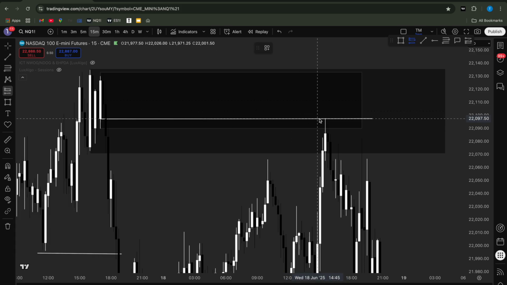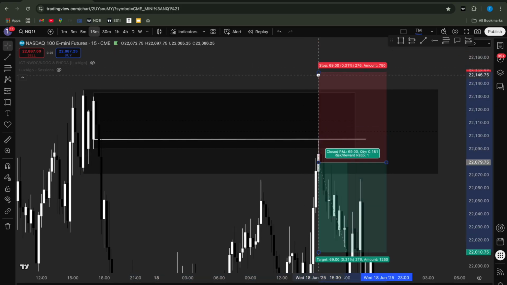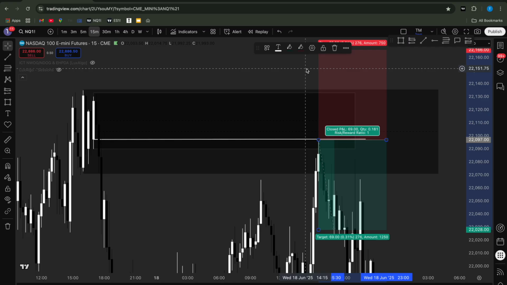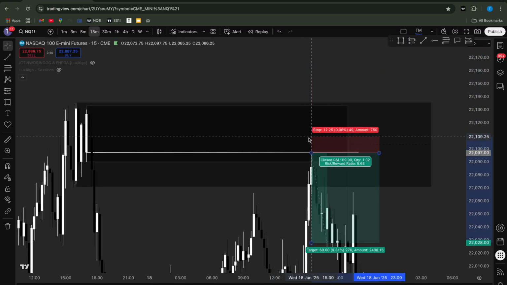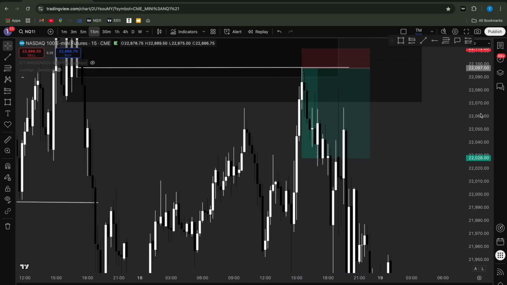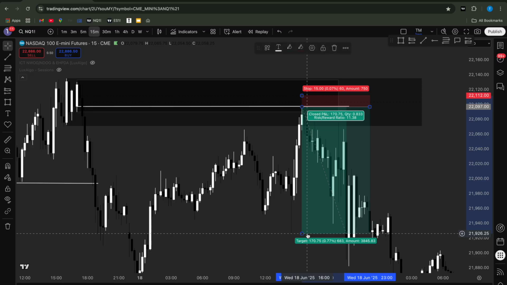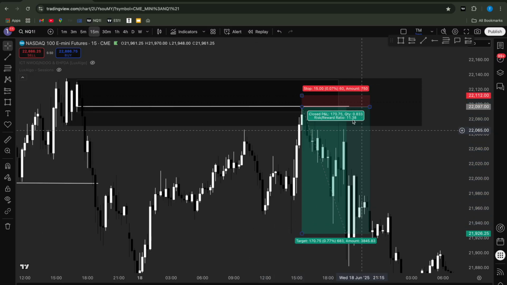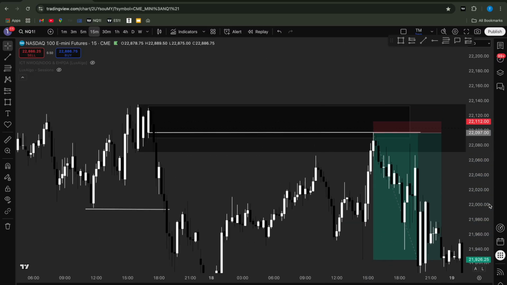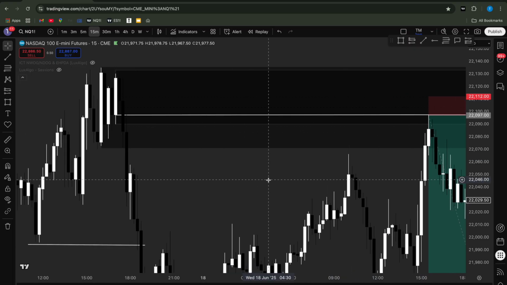So say if you were to set your position there, maybe above, let's say it's the CE, and you would have targeted this low down here. Look at that, 1 to 11. But that's just an example of how it works.